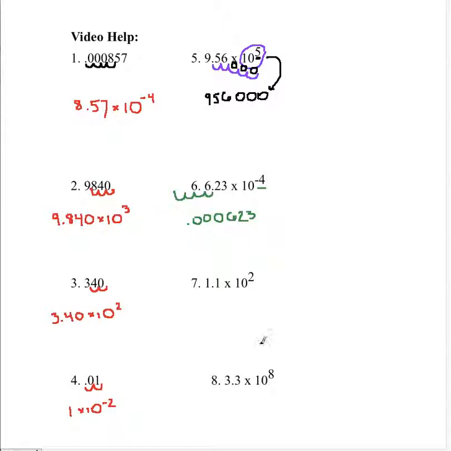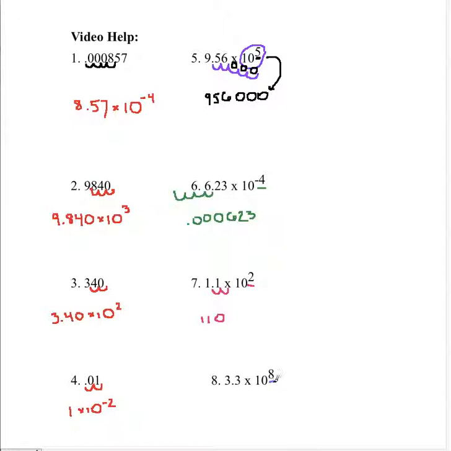Let's do the next one. I've got 1.1 times 10 to the second, which tells me that my number is going to be made bigger. So I need to move my decimal to the right. So it's going to be 1 place, 2 places. So it's 1, 1, and then since there's that gap right there, I need to put a 0, and I'm good to go. Okay. For the last one, if you look, 10 to the 8th, I'm going to have to make this number bigger again.